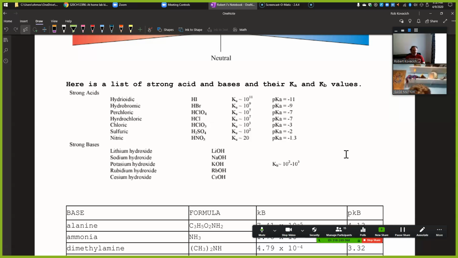But if you wanted to get technical, hydroiodic is the strongest of your acids. And the group 1 metal hydroxides, they're all between 10 to the second and 10 to the third for their KBs. So again, we don't really care all that much. We just know that they fully dissociate because they're strong acids and strong bases.